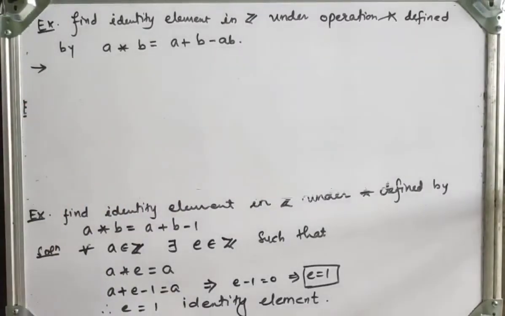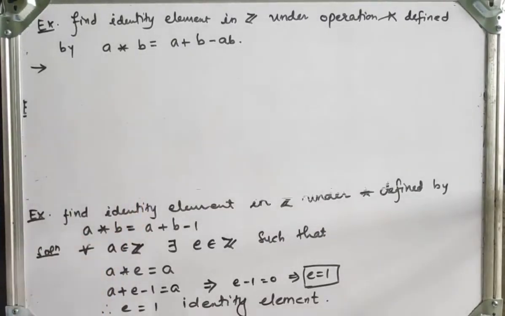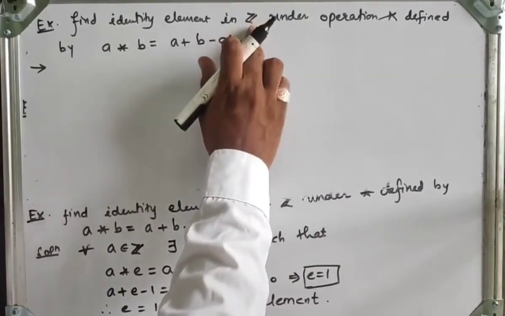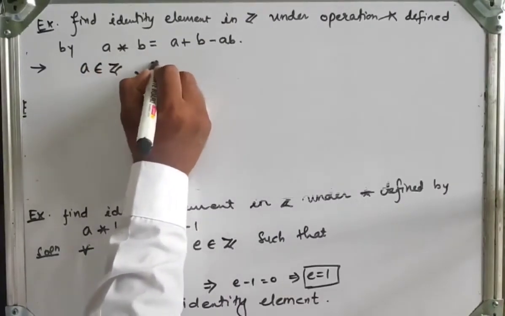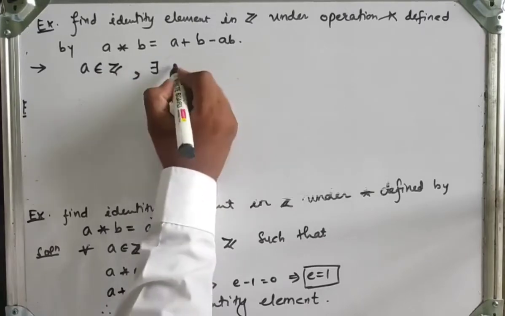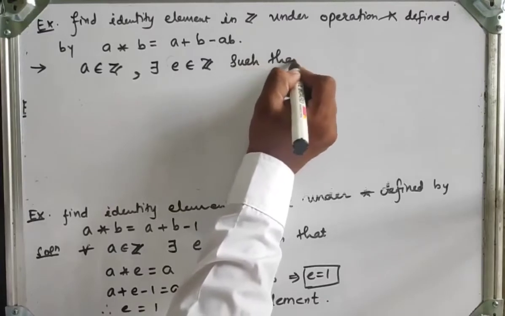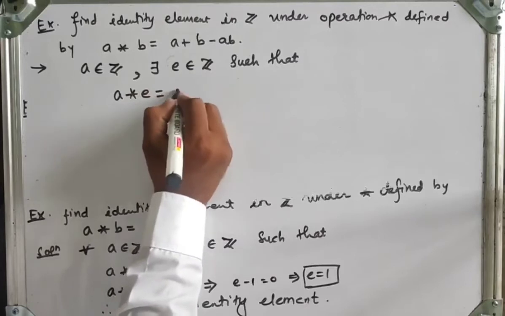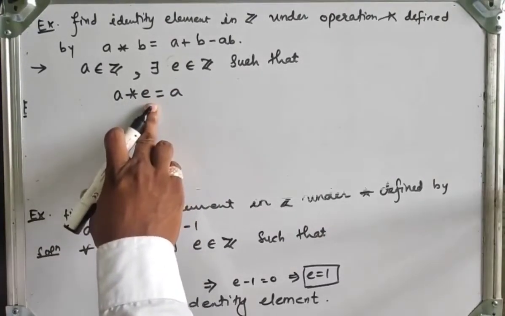Now we have to find the identity element in Z under the defined condition A star B is equal to A plus B minus AB. Now here for all A, B belongs to the set of integers. Now we take A from the set of integers. So there exists an identity element belonging to the set of integers such that, what is our definition for identity element? A star E is equal to A, for all A belongs to the set of integers and E belongs to the set of integers.